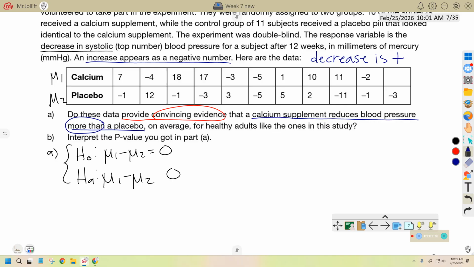If calcium is better at decreasing, it should have a bigger positive. And calcium is group 1, so calcium is a bigger positive number than whatever's going on with a placebo. If 1 is a bigger positive than 2, what inequality goes here? Greater than. Positive. I want that difference to be positive because I want group 1 to have a bigger number than group 2. More to the right on the number line.